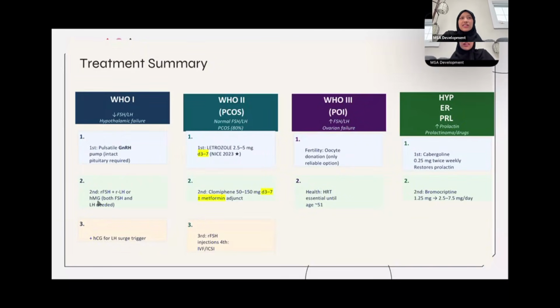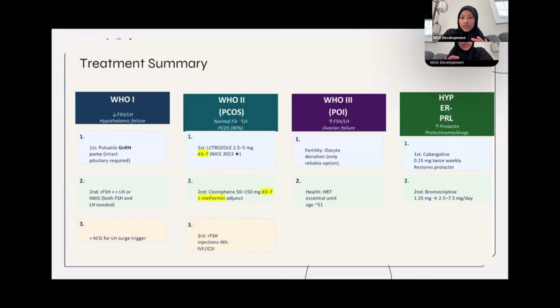HMG is like a synthetic form of combined FSH and LH, so you are giving both of these together in one medication. Or HCG, which has a structure that is similar to LH, so that's why we can use that to restore the FSH and LH.